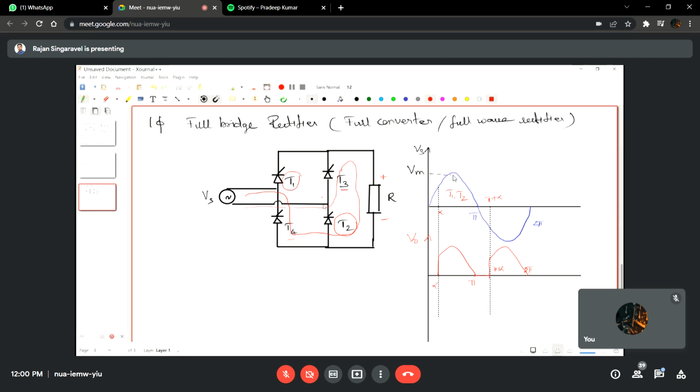So from pi plus alpha to 2 pi, the output voltage is once again positive, because it is rectified because of the thyristor pair T3 and T4, and the positive waveform is available here.